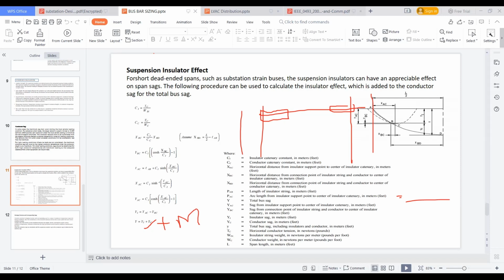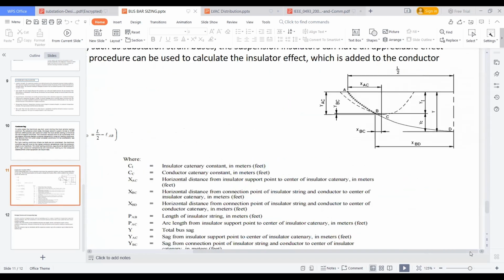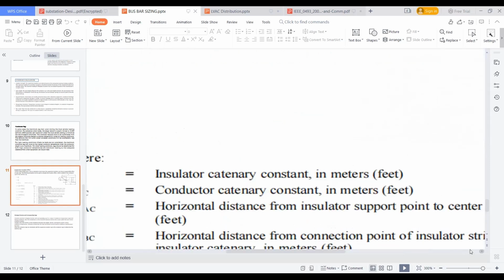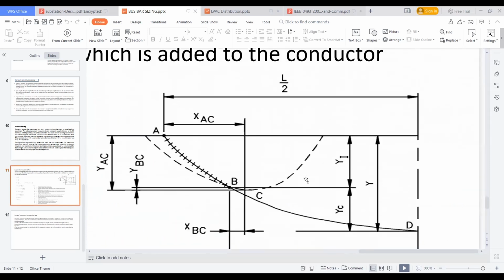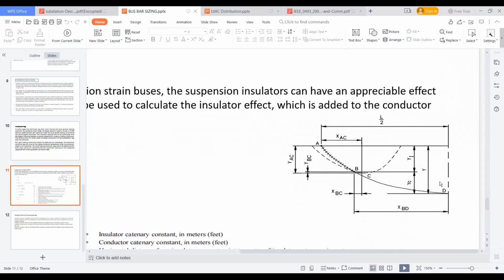So let's see the suspension insulator effect. This is the figure you can see here. This is a suspension insulator, and this is the figure to calculate the sag due to the suspension insulator effect. The conductor is connected to the suspension insulator, and this dotted line is the insulator catenary constant.